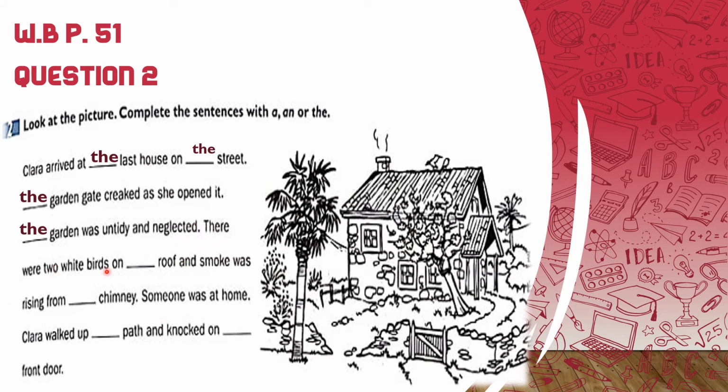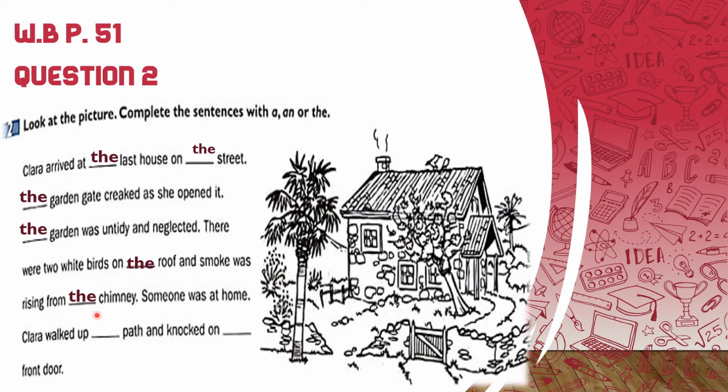There were 2 white birds on the roof and smoke. Look at the roof. Yes, we are talking about this roof. We have 2 birds and smoke was rising from what? The chimney. Yes, excellent. There were 2 white birds on the roof and smoke was rising from the chimney. Someone was at home.